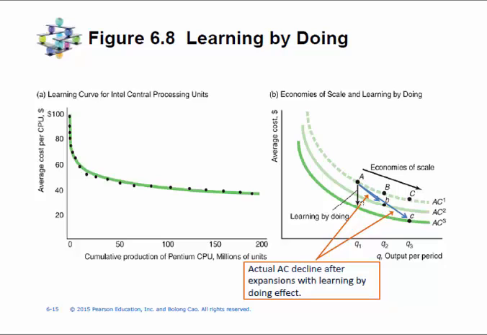This is learning by doing. So the actual long-run average cost changed from point A to point lowercase b to point lowercase c. As the operational scale increases, as you produce more output, the long-run average cost can be even lower than provided by simply the economies of scale. That's learning by doing.